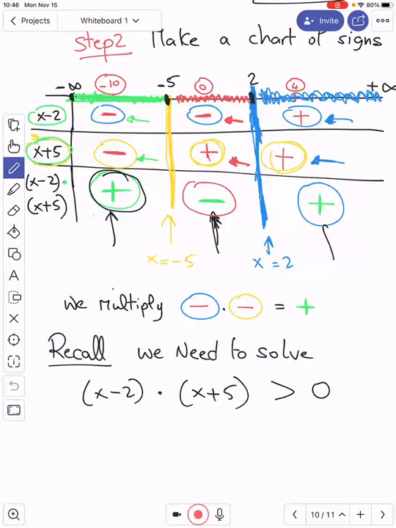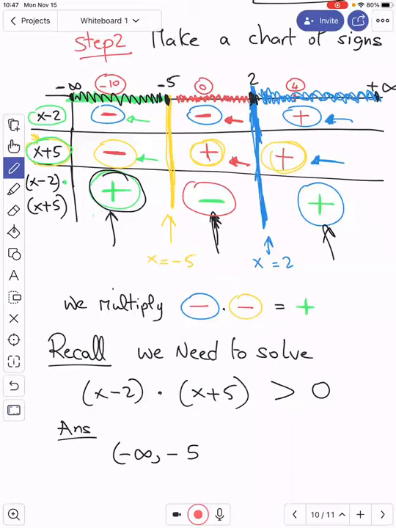But then it's positive from +2 to positive infinity. So this product of the two factors is going to be positive when x is in the first interval, from -infinity to -5. Now the question is, do we include the -5?